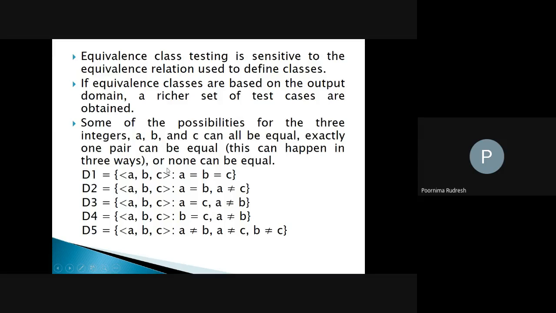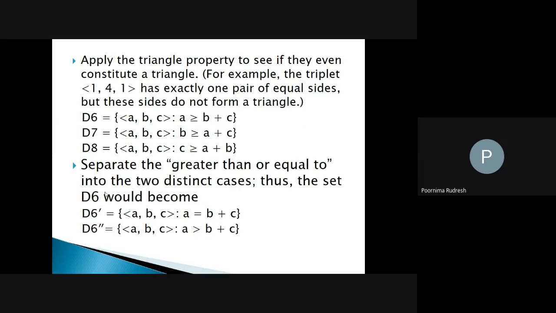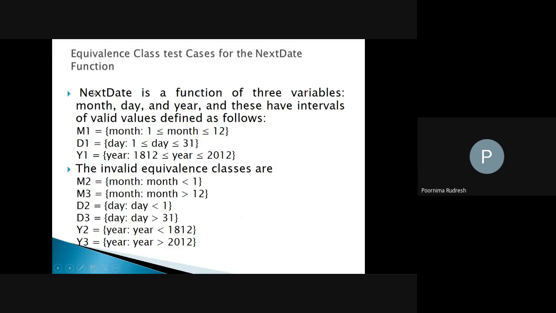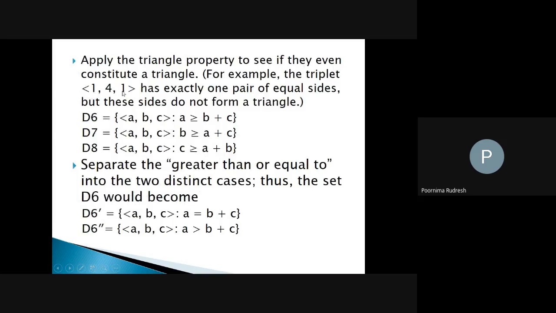So here for these 3 integers A, B, C, if we treat these as 3 variables in the triangle problem, then according to that we are defining the test cases. Next, apply the triangle property to see if they even constitute a triangle, for the example 1, 4, 1. Even in this case, 1, 4, 1 means A is equal to C and B has a different value.